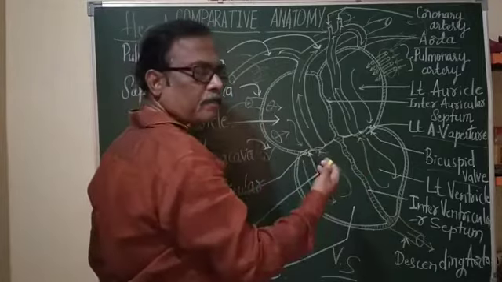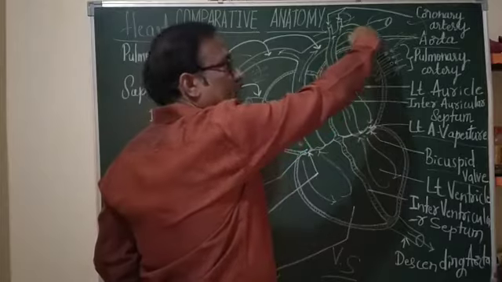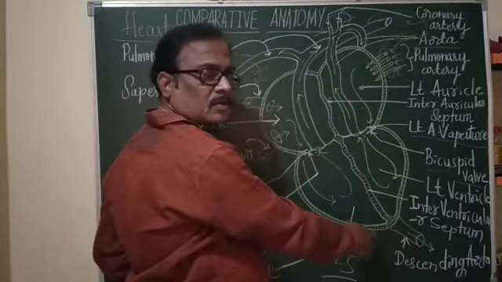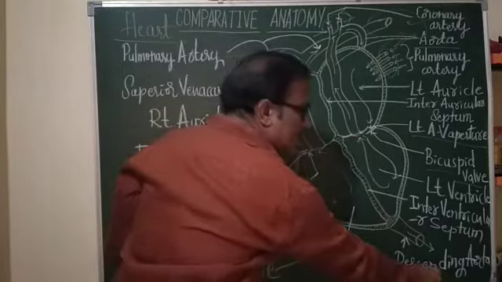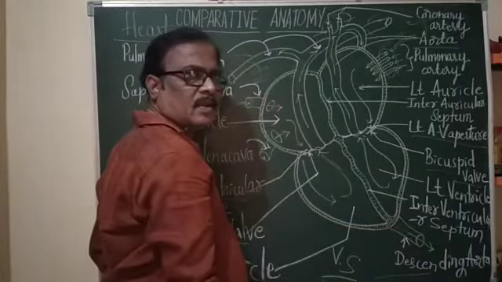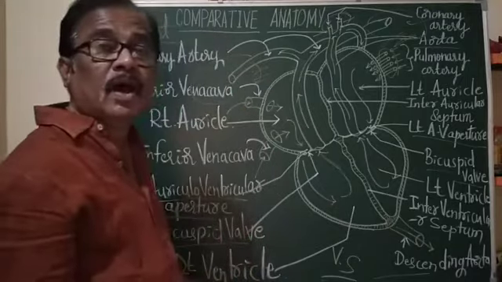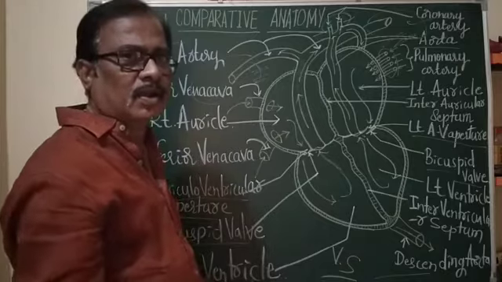And then the aorta bends backward and runs downward behind the heart and descends as the descending aorta. This one descends throughout the body in the form of different arteries. For example, to the kidney, it is the renal artery.